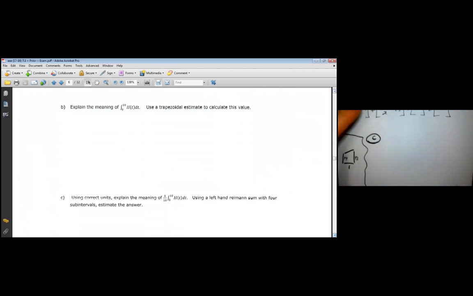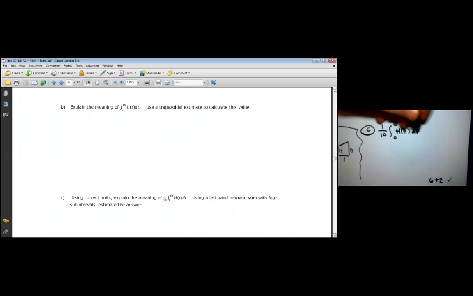So to answer the question, we're going with, repeat what they said, 1 over 10, integral of 0 to 10, h of t dt. What we were saying about it, it represents, remember it's average value, and then we got to say, well, what are we talking about? It's not value, it's average. What is this problem talking about?